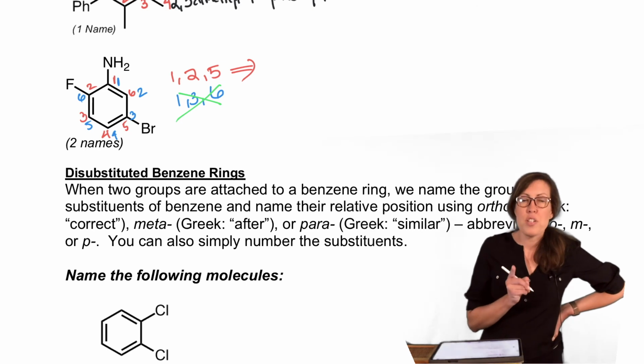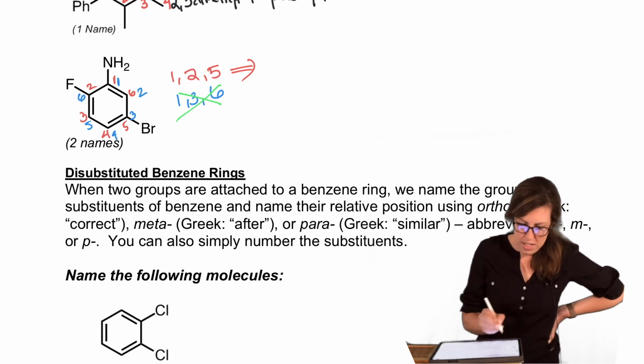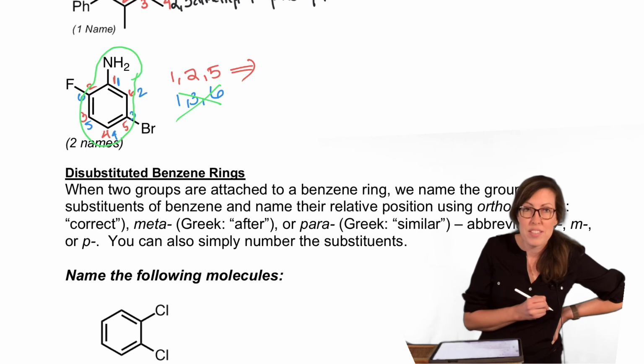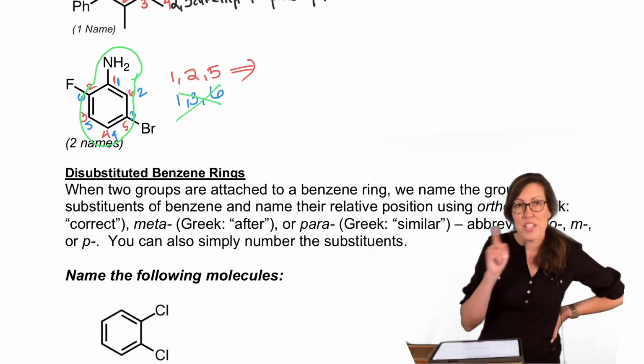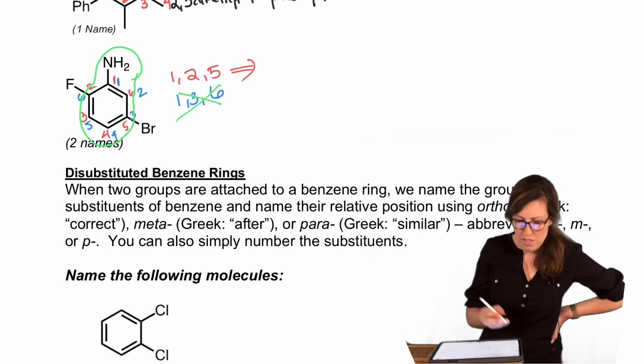Okay, there are two names, but there's an easier of the two. Notice that carbon 1 is part of an aniline unit. So now we could just name it at the 2 and 5 position.